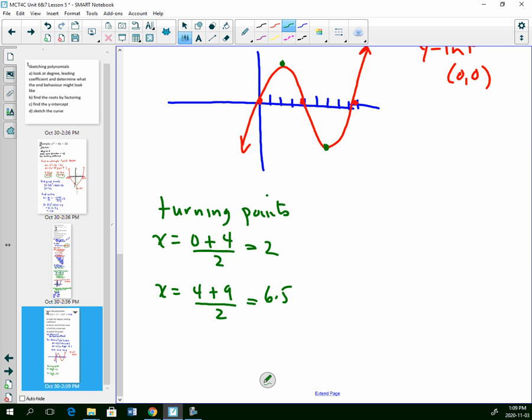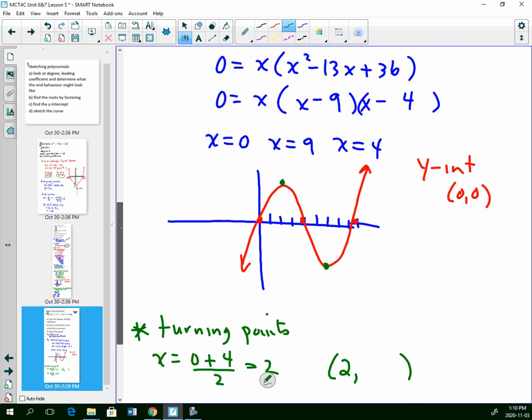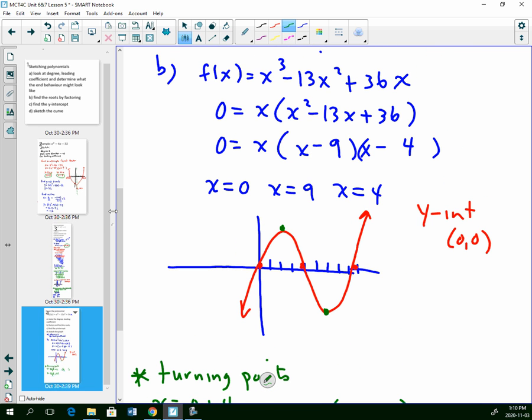And then you could just plug those values back into the equation to find the value that goes with them. So if it was 2, what's my equation? It'd be at 28.